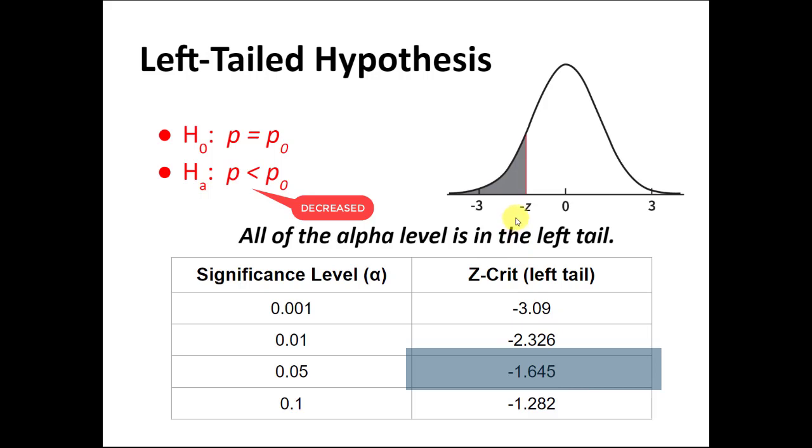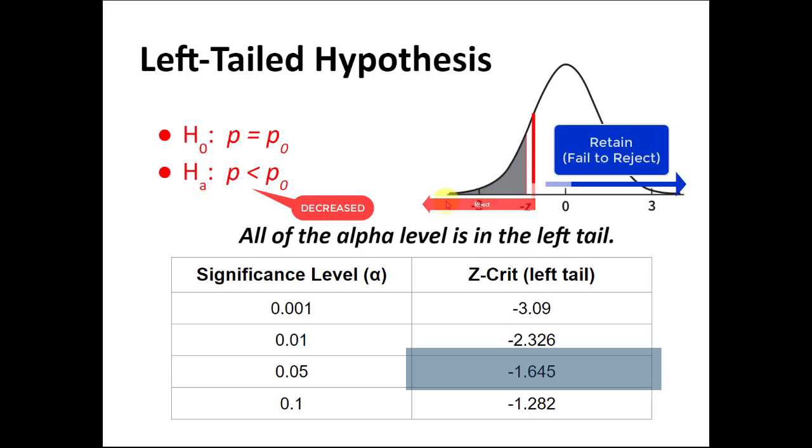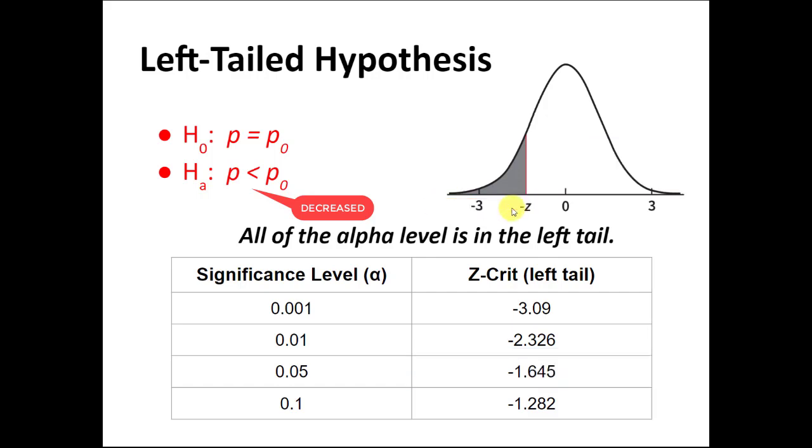So you're going to be maybe somewhere around here, and anything less than that, you're going to reject. If you were to obtain a z-score with your results less than negative 1.645, you're going to reject that. Anything more than 1.645, you're going to retain the null.